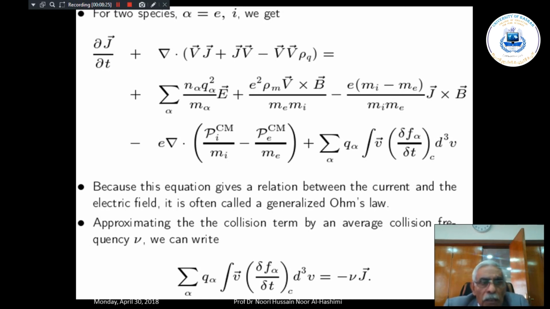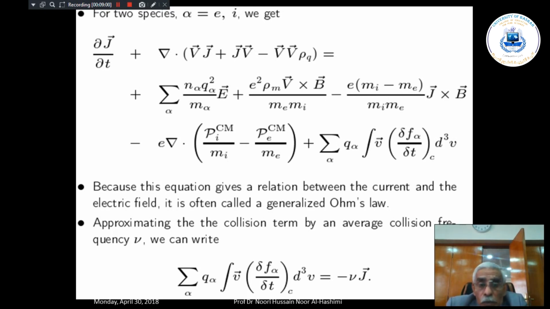partial J/partial t plus del dot (V J plus J V minus V V rho Q) equals 0 plus summation over alpha of q alpha squared over m alpha E and so on.